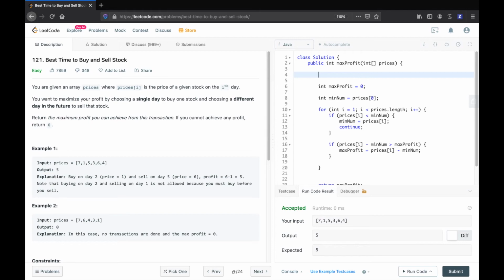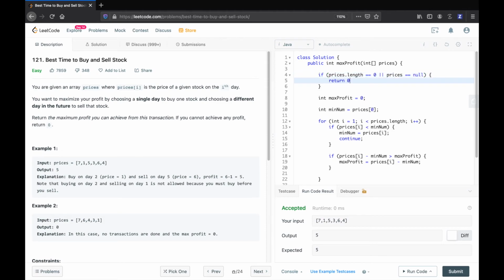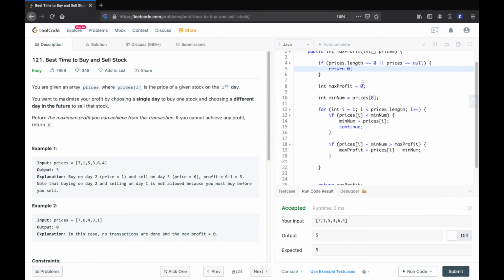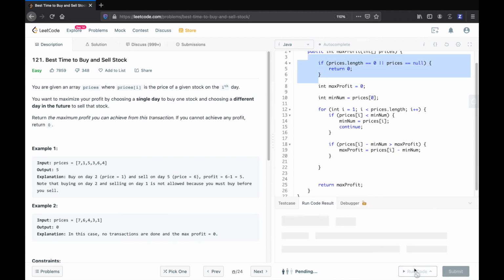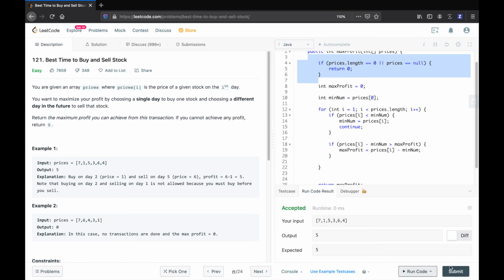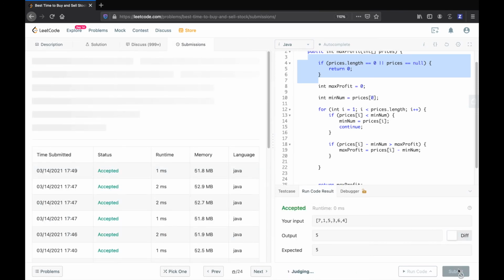So if it is empty, let's just return a max profit of 0. So if the prices.length equals 0, or prices equals null, then let's just return 0. And I believe this will check any edge cases that get thrown at us. So let's just run one more time. That should compile and we'll submit.